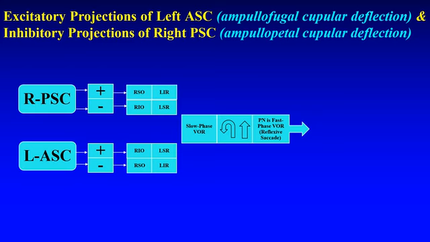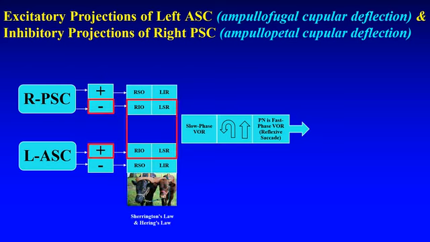The excitatory projections of the left anterior semicircular canal, that is the ampullofugal cupular deflection, and the inhibitory projections of the right posterior semicircular canal are to the same pair of muscles, and they co-contract as per Sherrington's and Hering's law, generating a slow phase which is upbeating and right torsional.